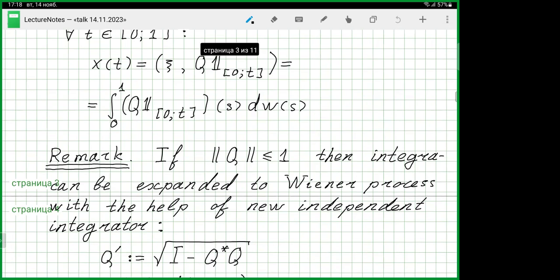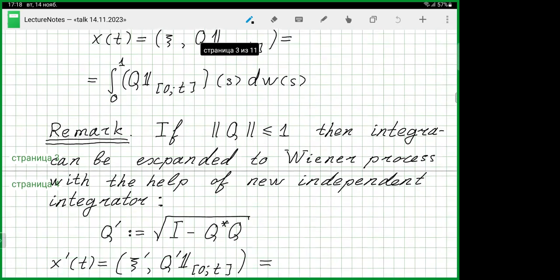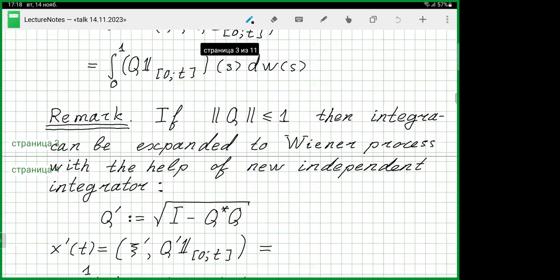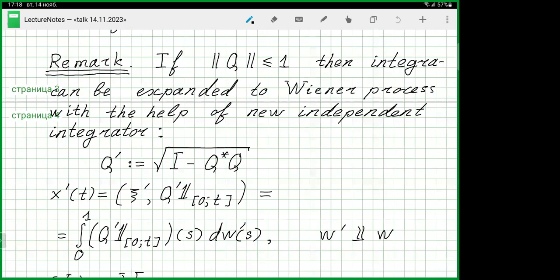So we have this Q prime. One can define a new integrator, but I use new white noise, just psi prime, which is independent from the initial one. So I constructed it with the help of another Wiener process, which is independent from the previous one.